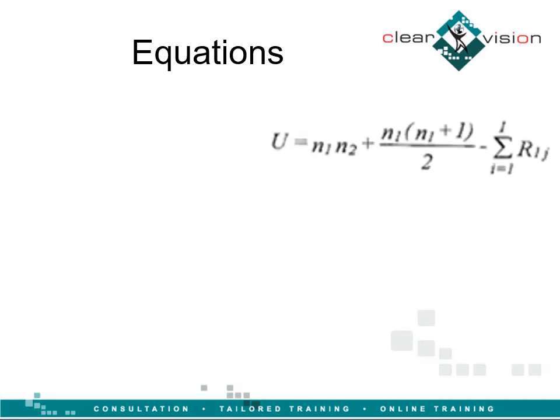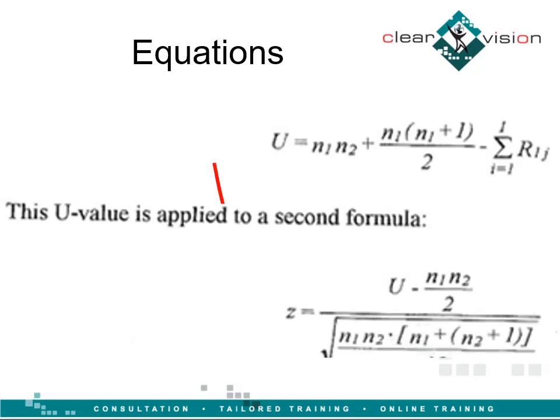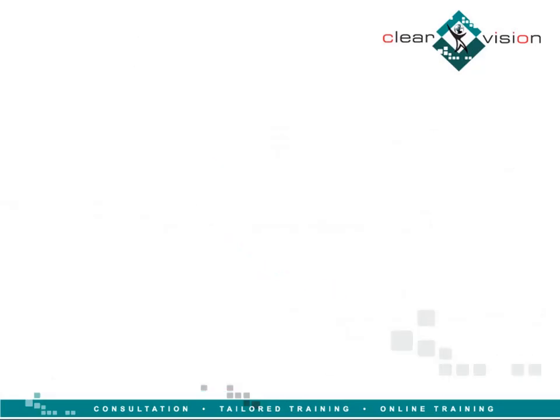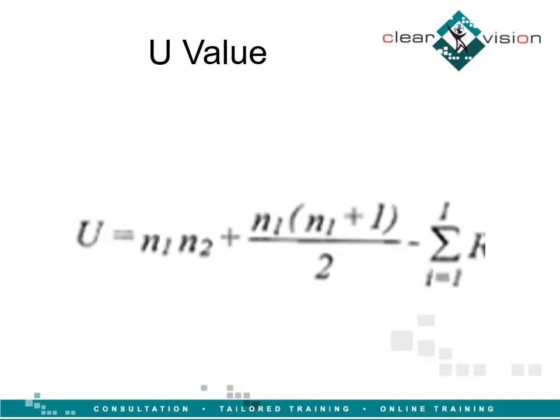First, the U value as per this equation, and after getting the U value, it's plugged again into the second equation of the Z value. We need to solve for the U value in this equation where all variables are known.